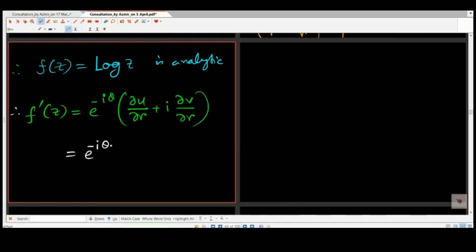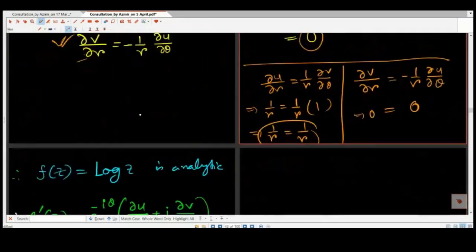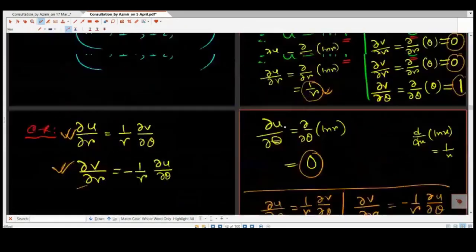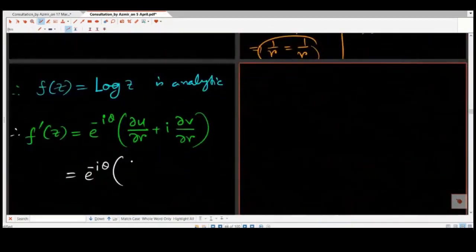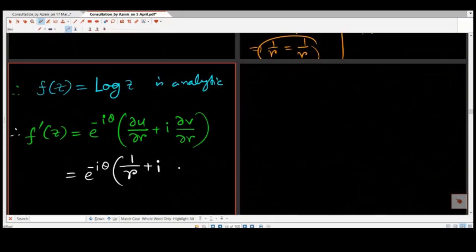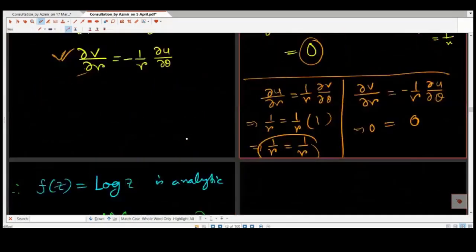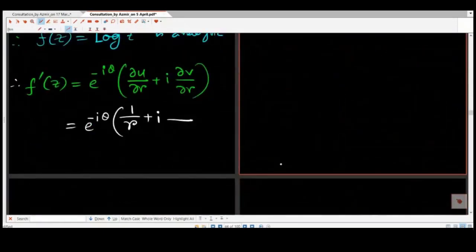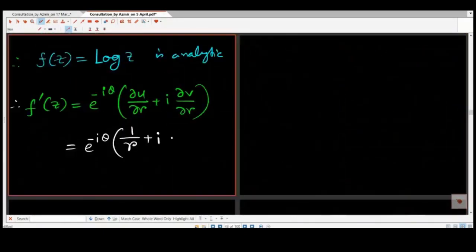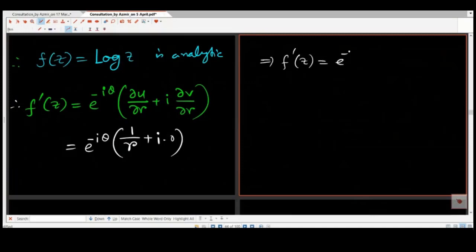So e to the minus i theta du dr, where our du dr is 1 over r, plus i dv dr, and dv dr is 0, so this is 0. Now f prime of z equals e to the minus i theta times 1 over r.